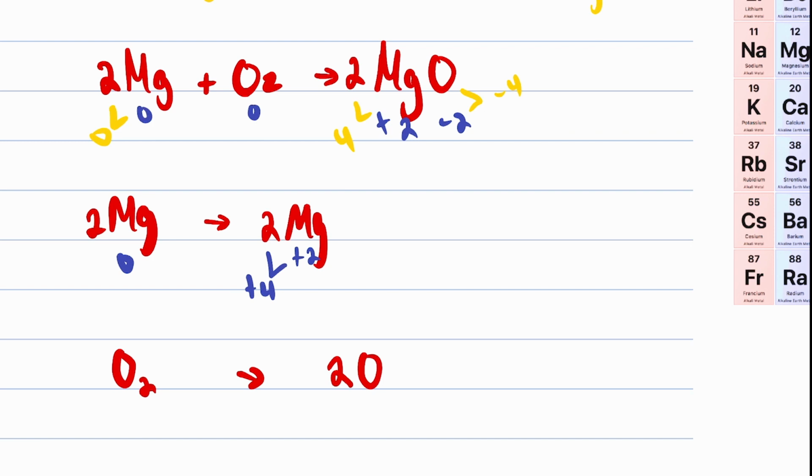Lost, right? It became more positive. And how many did it lose? 4, so it lost 4 electrons. If it's losing electrons, do I write them on the reactant or the product side? The product, right? Plus 4e. That's simple.